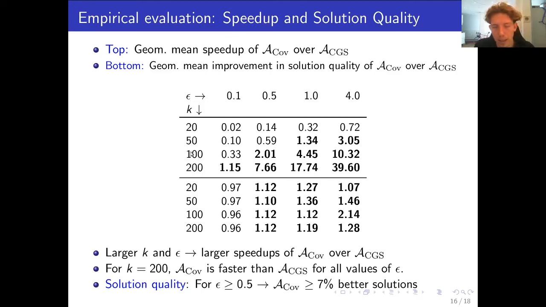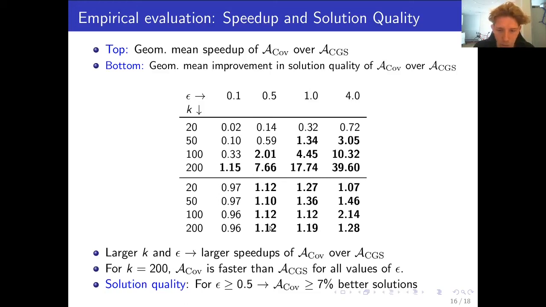For k equals 200, we are always faster, at least 1.15 times. This is for epsilon 0.1, and because they have a better trade-off with this epsilon, the same holds for the other epsilons.